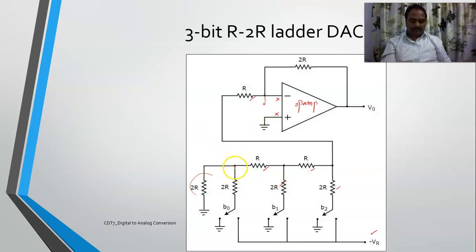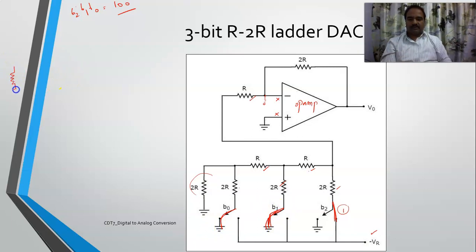So let's try one particular case. Let us suppose the input is 100. If it is 100, what will happen? B2 is 1, which means that it is connected directly here, and the others are connected to ground. So I will redraw the circuit here.